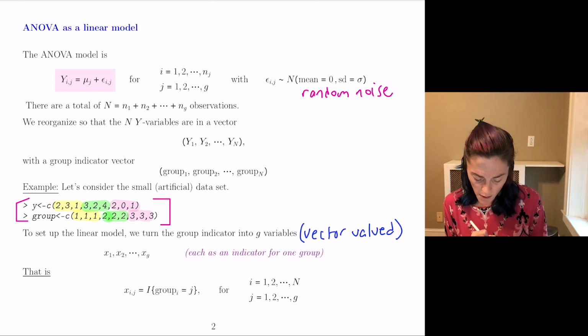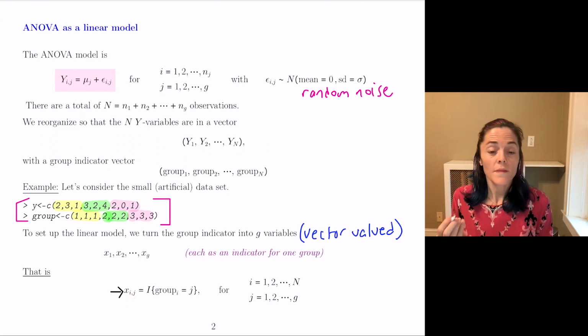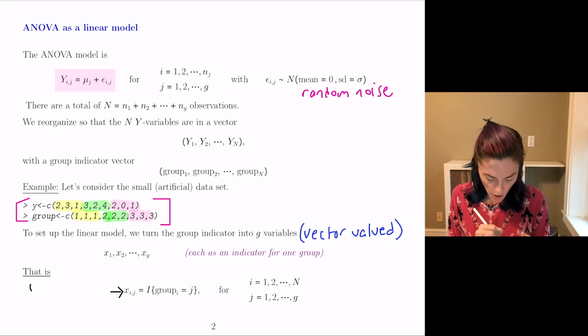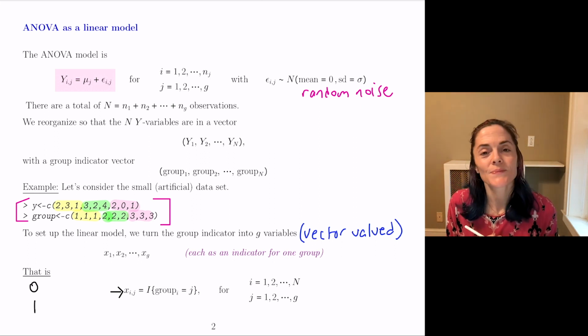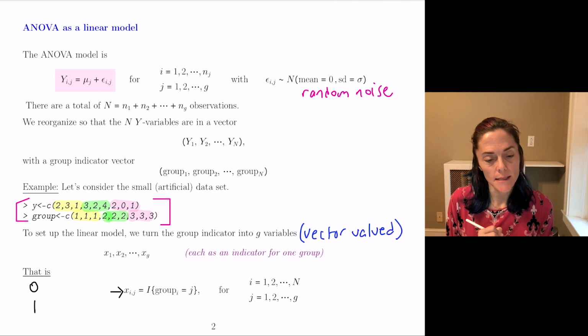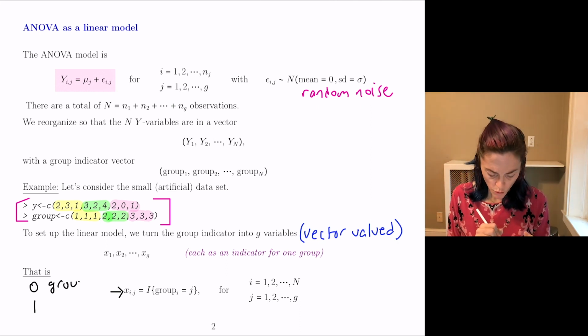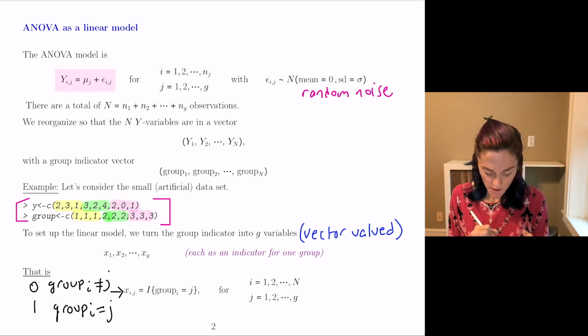So the G groups are the second index. What this says is it's 0 or 1. You might have seen an indicator function before in mathematics. It's 0 if the group for observation i is not equal to j, and it's 1 if the group for observation i equals j.